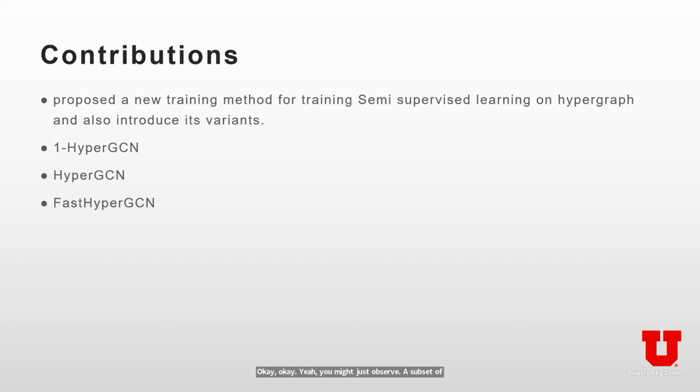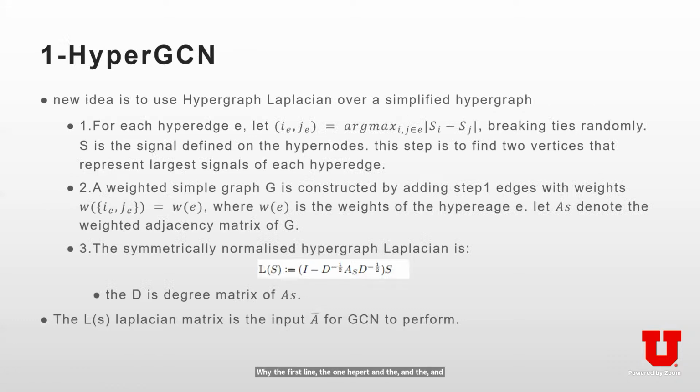And here, this paper proposed new training methods for SSL on hypergraphs, and it has two variants: one is 1-Hyper-GCN, and the other is Fast-Hyper-GCN. First, for 1-Hyper-GCN, the new idea is to use a hypergraph Laplacian over the simplified hypergraph. The main idea is to simplify the hypergraph to a simple graph.